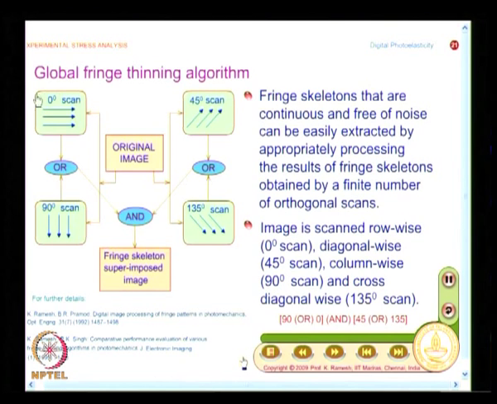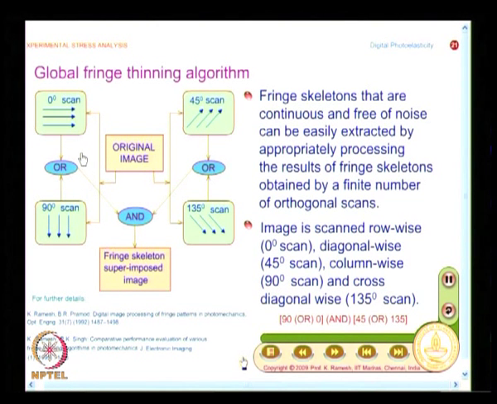When you do a 0 degree scan, it identifies fringe areas as well as gives you noise. If you look at the 90 degree scan, it identifies some fringe skeletons and also noise, but when I do an OR operation, I get the complete fringe skeleton, but with some noise.